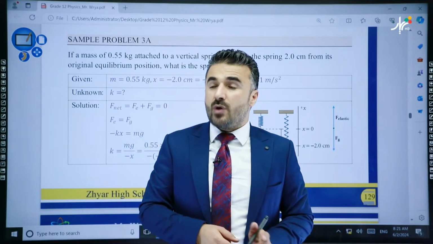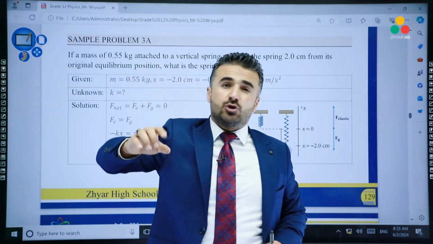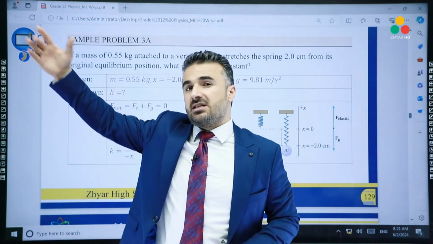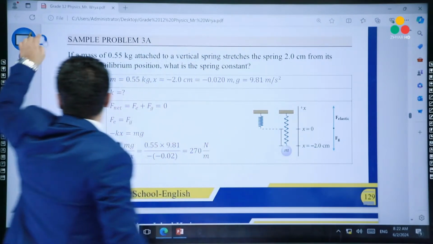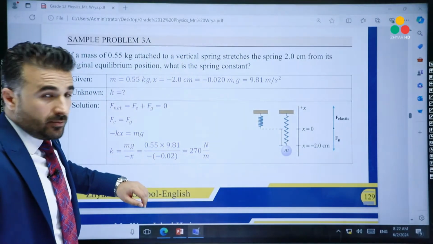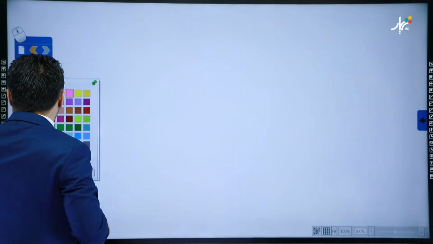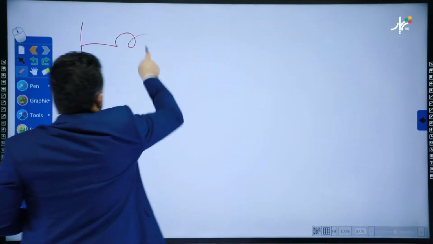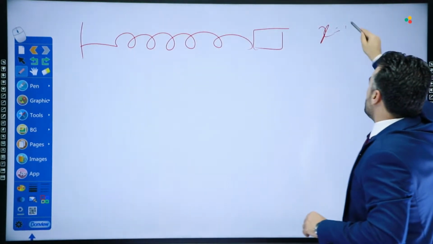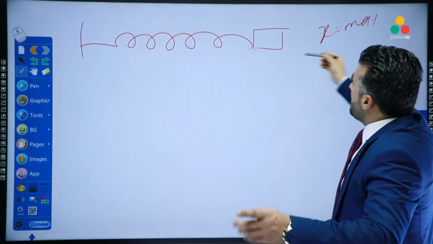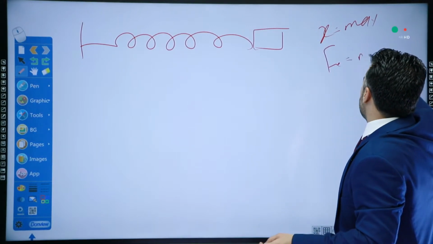We said when it is stretched, at the end, or maximum displacement, the restoring force, don't forget, is maximum, and the displacement is maximum. Let me redraw this just to make sure that you remember all this. We'll just draw one spring here. If this is a spring here, at maximum displacement where x is maximum, remember, if x is maximum, the restoring force, the elastic force, is also maximum.